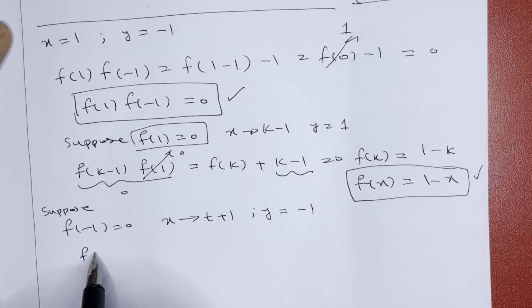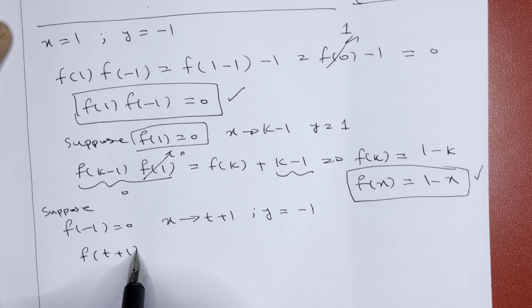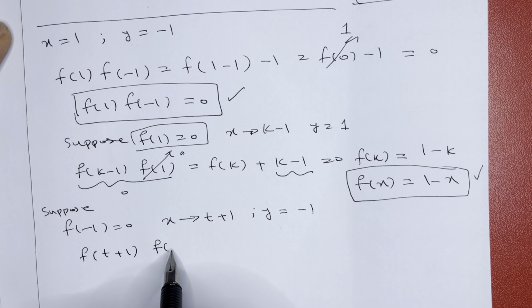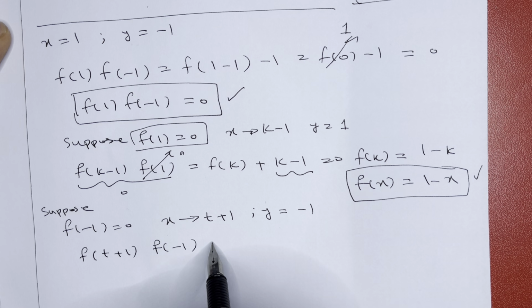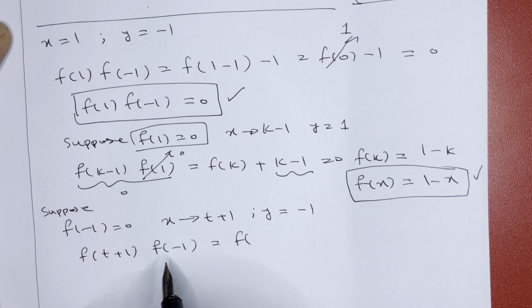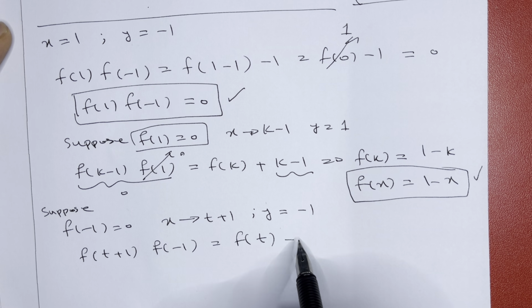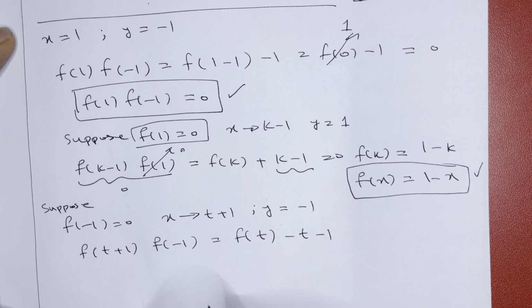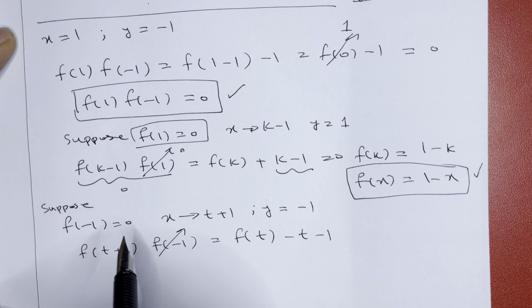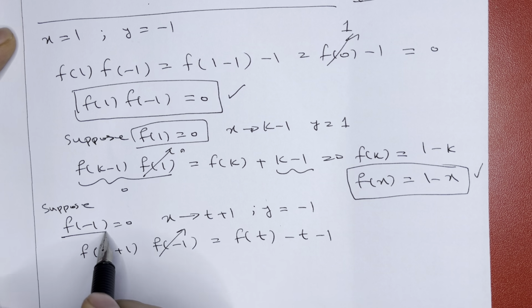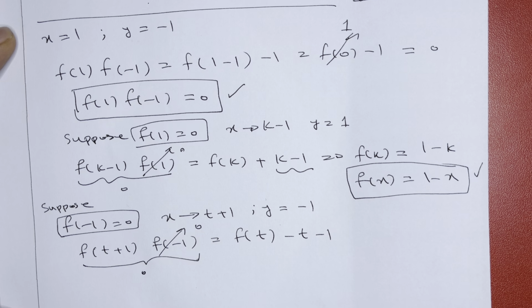So I have f(t + 1) times f(-1) is f(t + 1 - 1), which is f(t), from the original equation, minus (t + 1). So if f(-1) is 0, this whole thing is going to be 0.